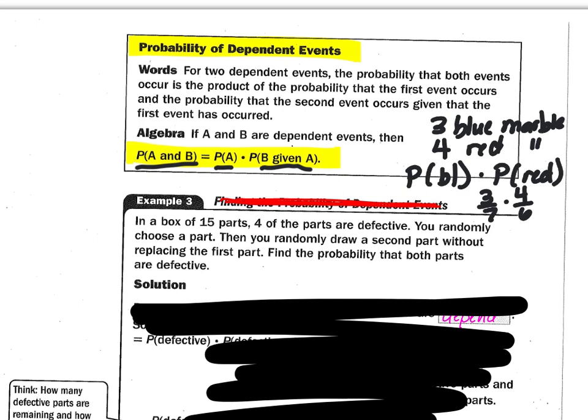So we can get 12 out of 42, or you could have reduced this to 2 over 3. So we get the probability that I pull a blue one, don't replace it. We do replace it. Good grief. That would be 6 out of 21.